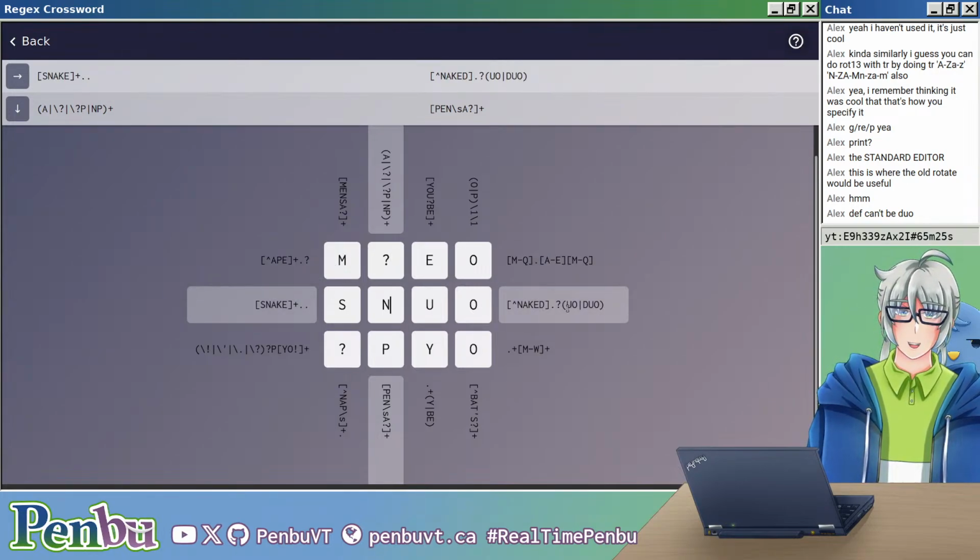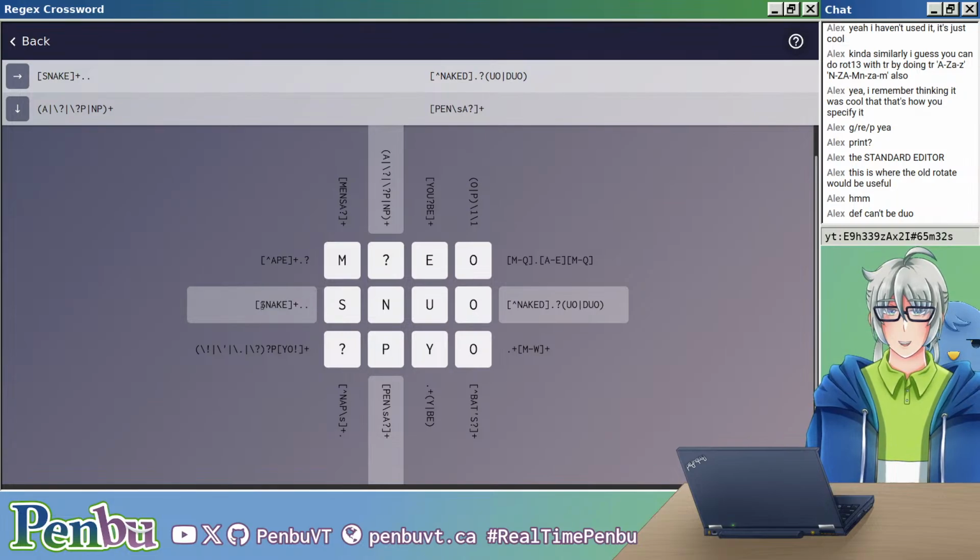Yeah, it can't be duo because there's no D in here. And we can only afford two characters that are not part of Snake. AE. Not APE. Any character.